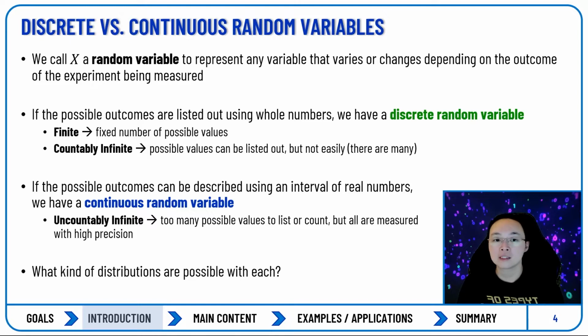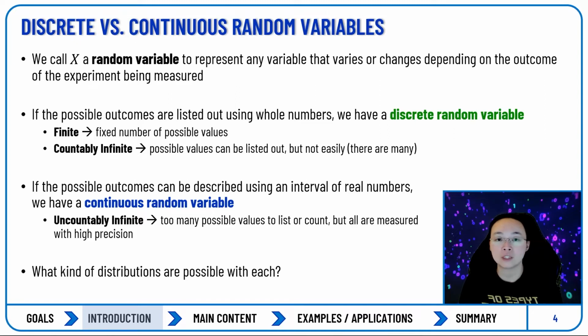So X is a random variable that represents any variable that varies or changes depending on the outcome of the experiment being measured. Now, if the possible outcomes are listed out using whole numbers, they're going to be discrete random variables. And based on just the discrete nature of those variables, you can either have a small list that's easily countable, we call that a finite discrete random variable, or you may have just too many possibilities to count.